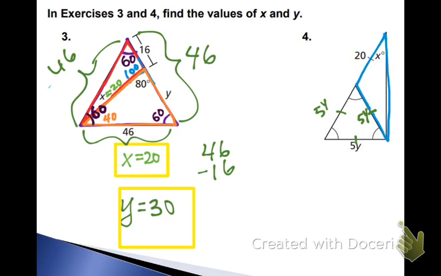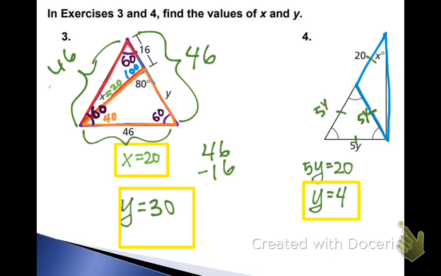Isosceles. And I know that I have these 2 sides being congruent, right? So what will the length of this side be? 20. So 5y equals 20. So then y equals 4. So I take care of y.